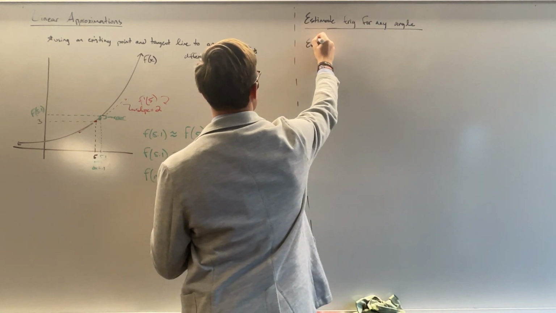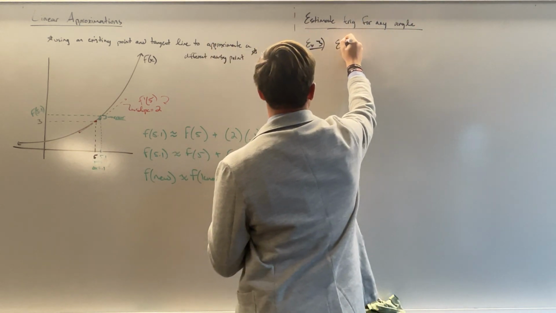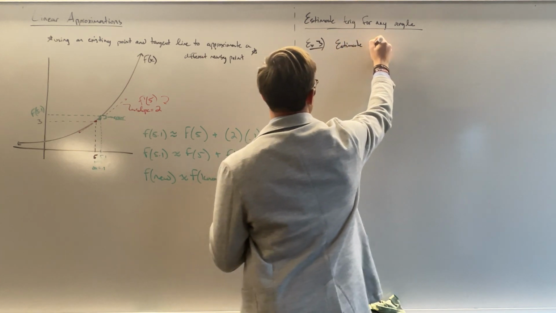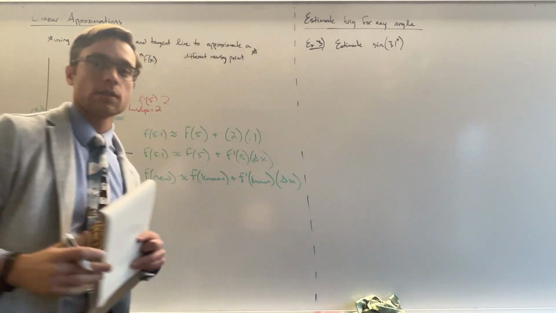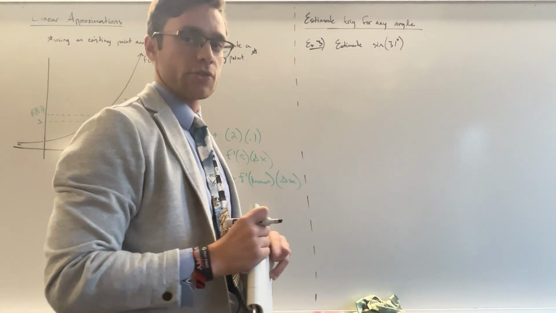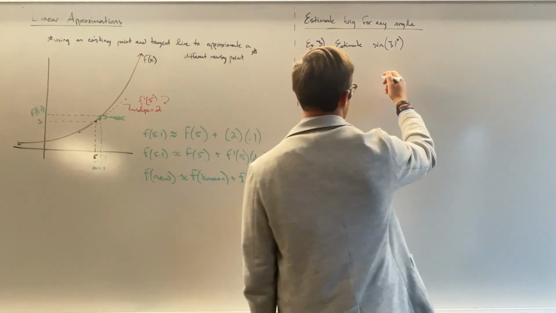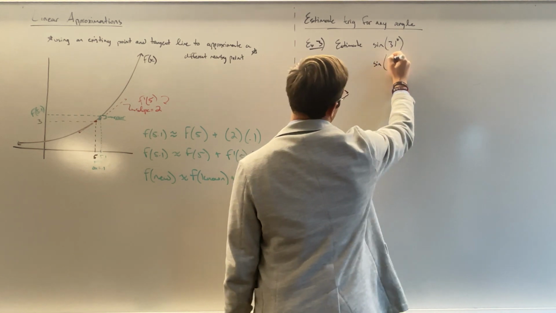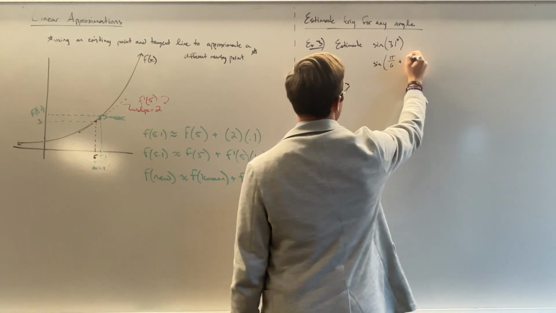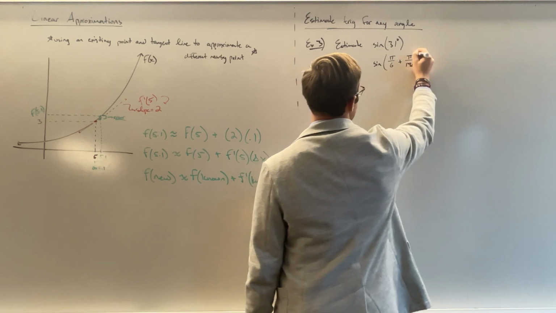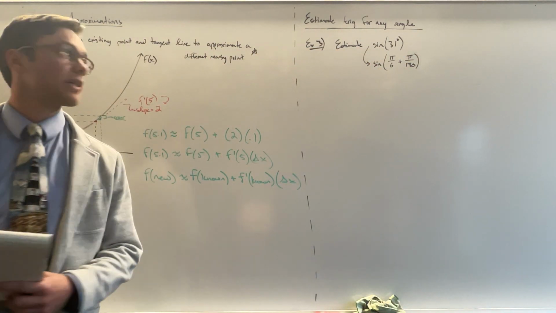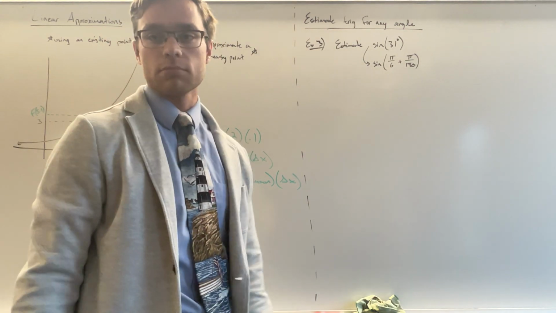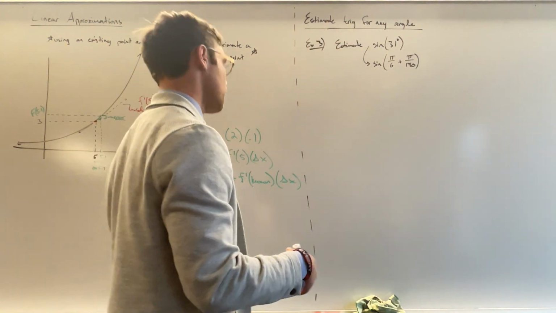This would be example 3. All right, let's estimate sine 31 degrees. First thing we want to do in general with trig is translate it to radians. So I'm going to make this sine of, well, 30 degrees is pi over 6, and 1 degree is pi over 180. Okay, and we'll probably talk more about these in class. But really it's sine of pi over 6 plus pi over 180.